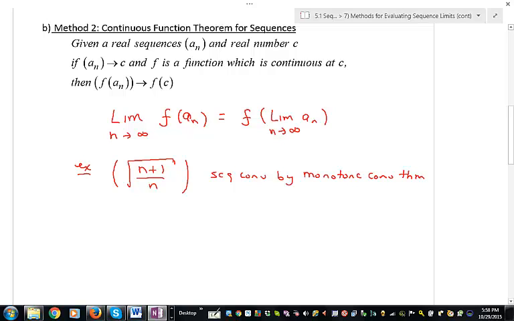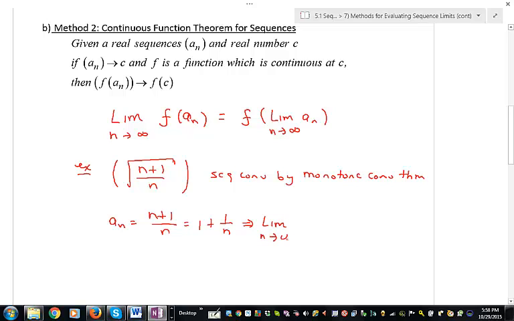And now we notice something else. We notice that if we look at the argument of the square root, n plus 1 over n, of course that's re-expressed as 1 plus 1 over n. And I know that the limit of a constant plus the sequence is going to be equal to the constant plus the limit of the sequence.